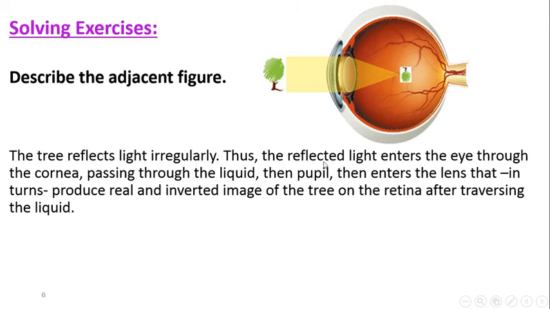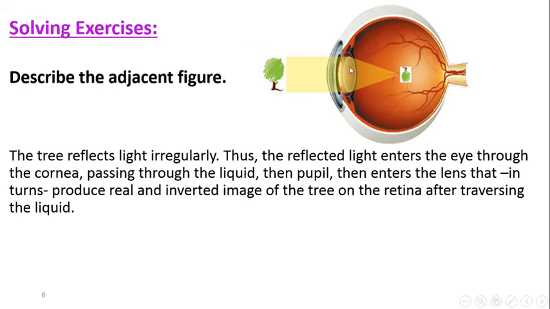Thus, the reflected light enters the eye through the cornea. So the first layer, the transparent layer, is the cornea. The reflected light enters the eye through the cornea, passing through the liquid, then the pupil, then enters the lens after the pupil, which in turn produces a real and inverted image of the tree on the retina after traversing the liquid.